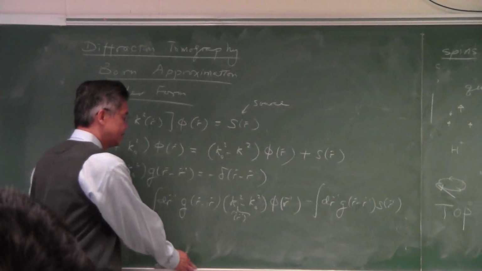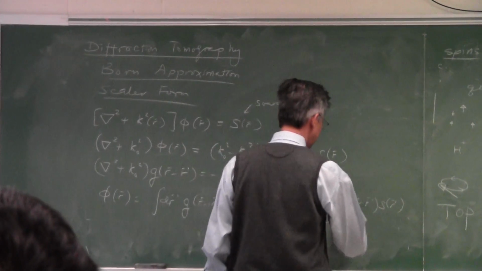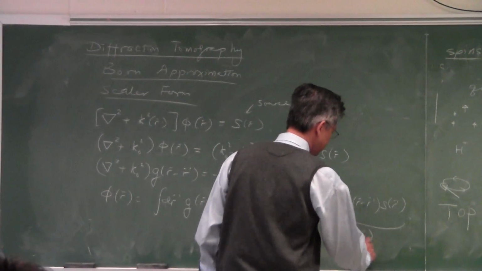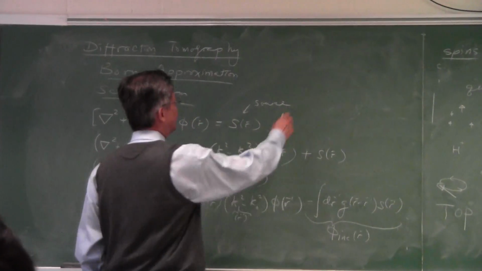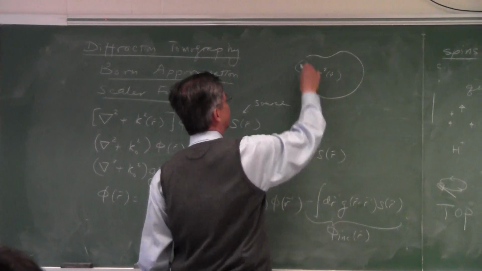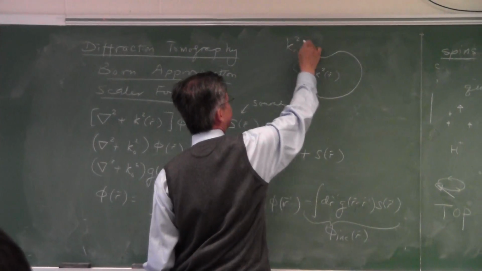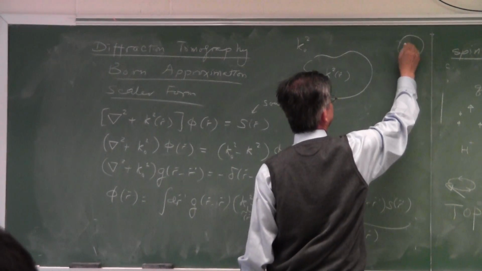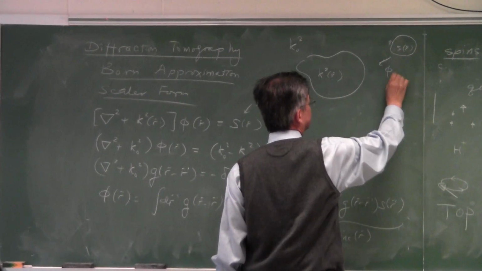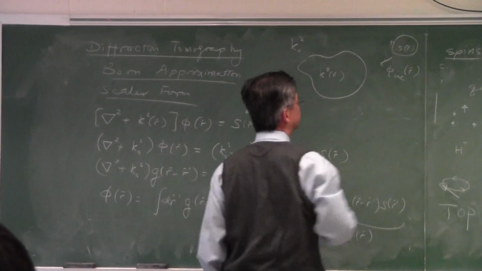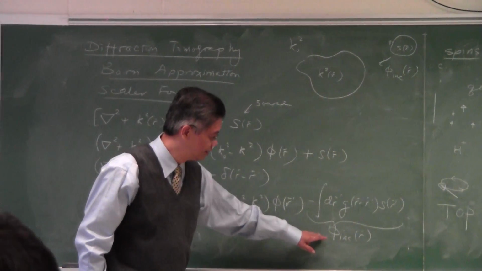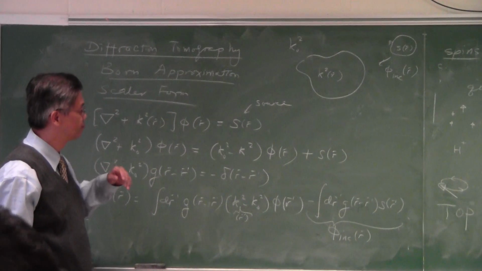Okay. And this can be thought of as the field in the absence of the scatterer. If the scatterer is not there, if I have a scatterer denoted by k squared of r sitting in the background of k naught squared, and I have some source, and this source generates an incident field, in the absence of the scatterer, only this term will be present.